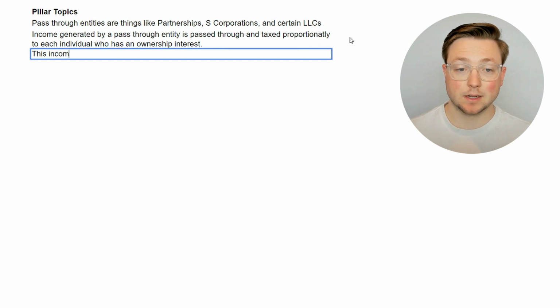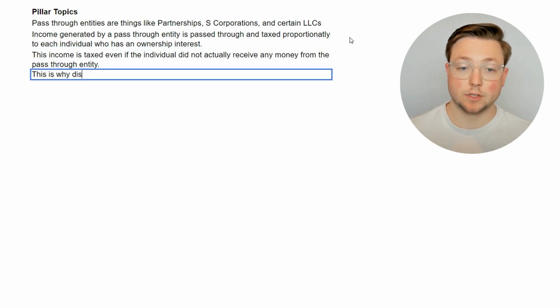This income is taxed even if the individual did not actually receive any money from the pass-through entity. This is why distributions are not taxed, because the money has already been taxed.